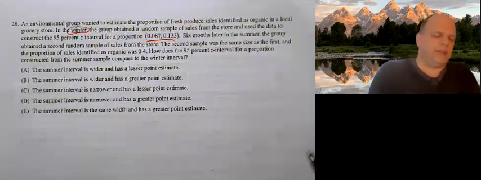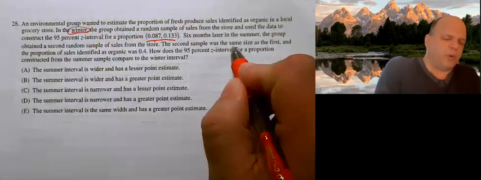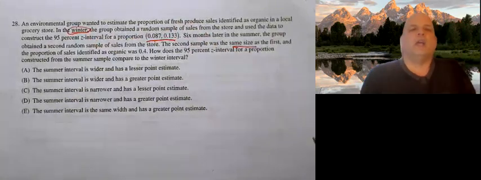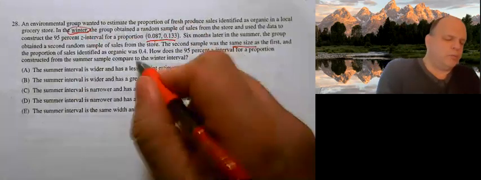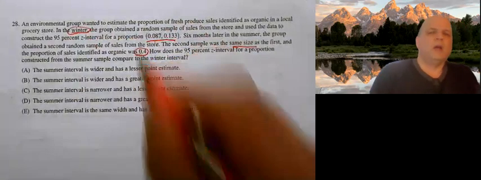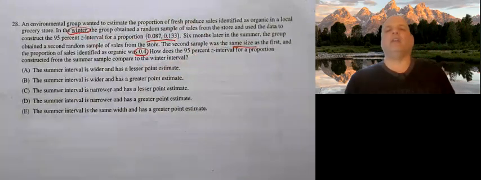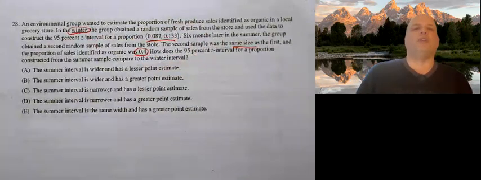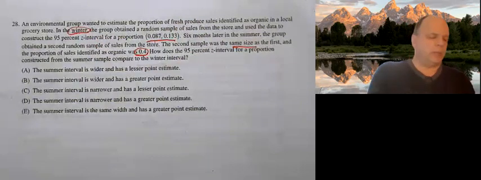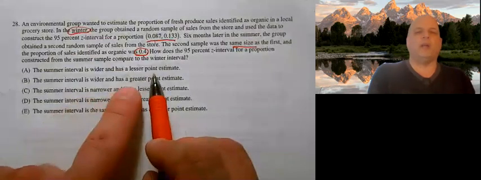The second random sample was the same size, that's important to note, as the first, and the proportion of sales identified as organic was 0.4. How does a 95% Z interval for proportion constructed from the summer compare with that of the winter? All right, the summer interval is wider and has a lower point estimate.